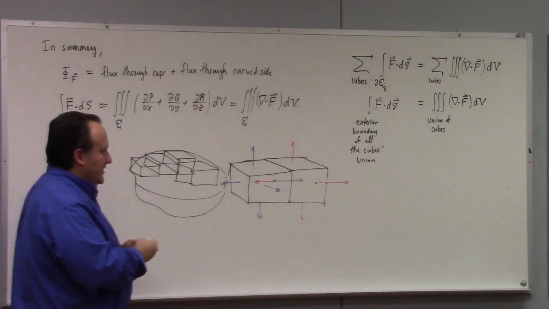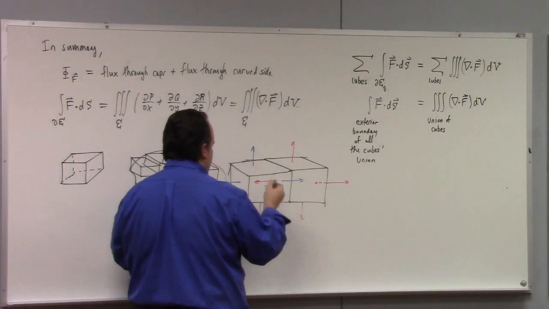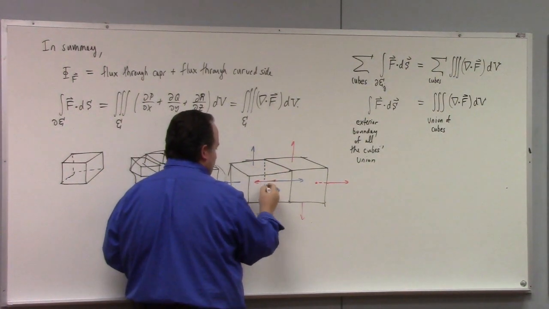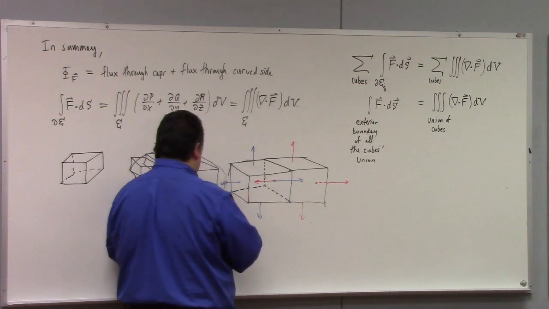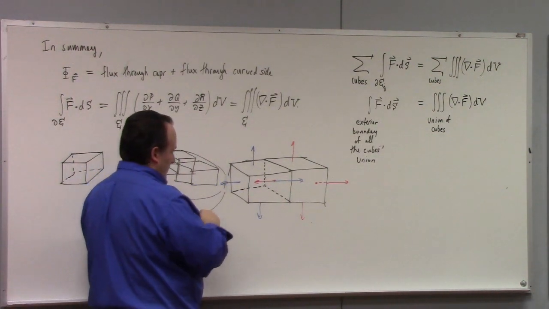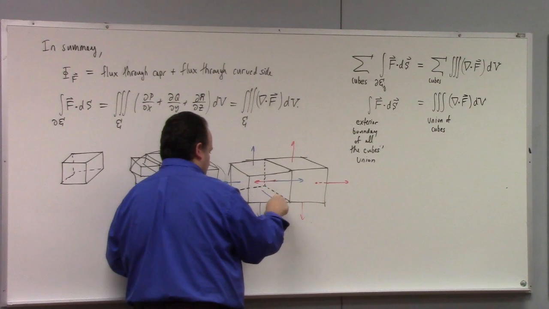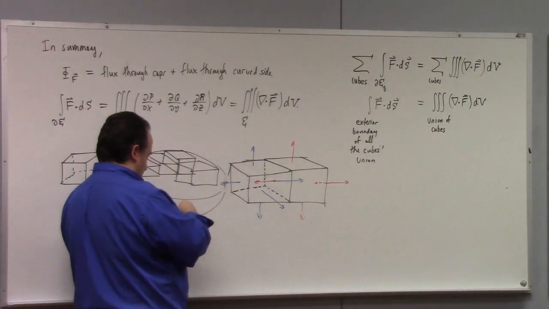So what's going on is every interior face where two such cubes meet, sorry, it's hard to draw everything and not make something look like it's going from somewhere it's not. I tried.